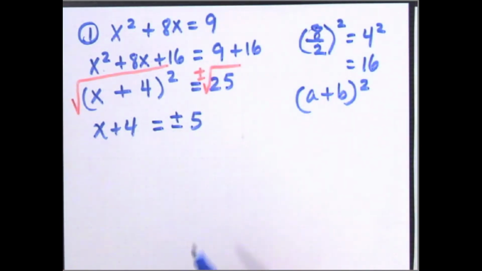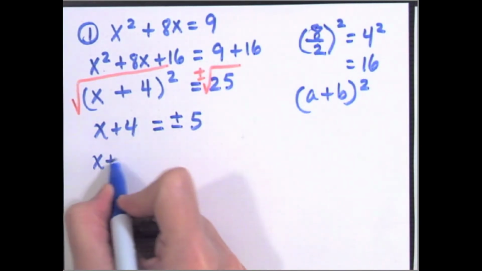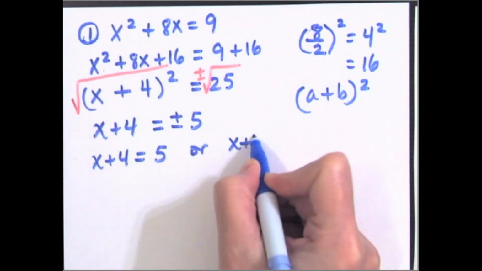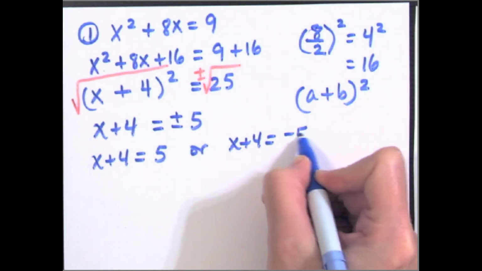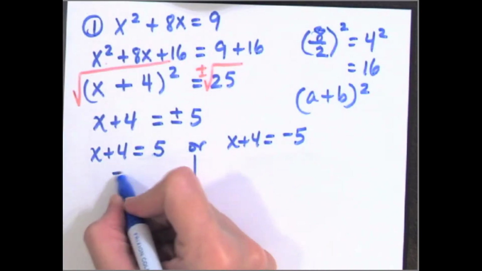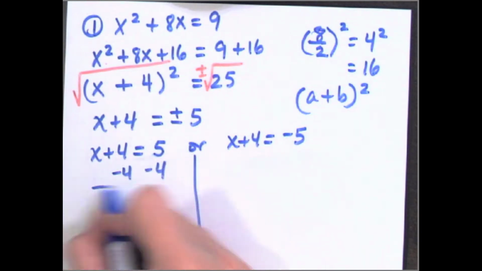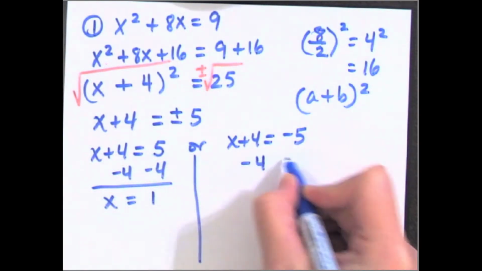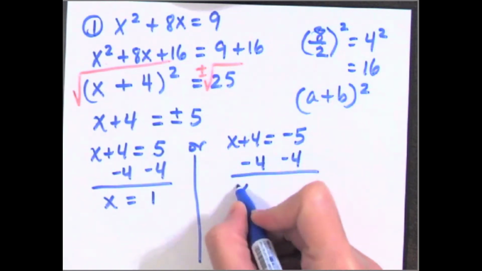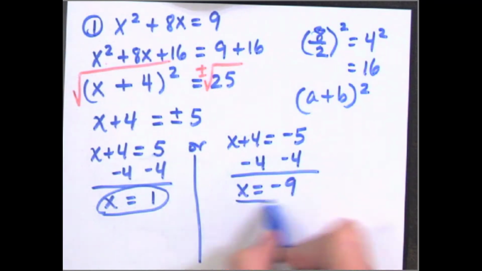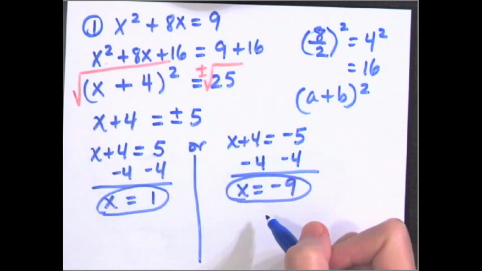So we're going to have two answers because x plus 4 could be positive 5 or x plus 4 could be negative 5. So on the left, we'll take away 4, and we'll get positive 1. On the right, we'll take away 4 and get negative 9. So these are our two solutions.